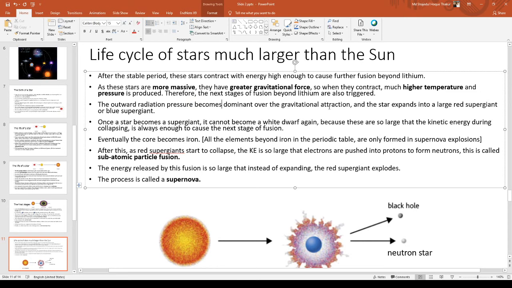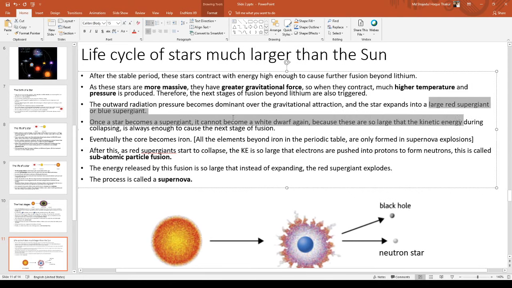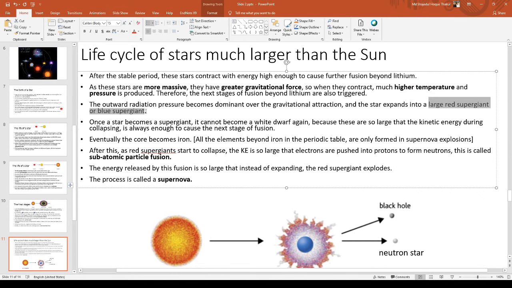The outward radiation pressure becomes very, very large because, like I said, the nuclear energy is much more. And as radiation pressure becomes more dominant over the gravitational attraction, the star expands into a large red supergiant or blue supergiant.